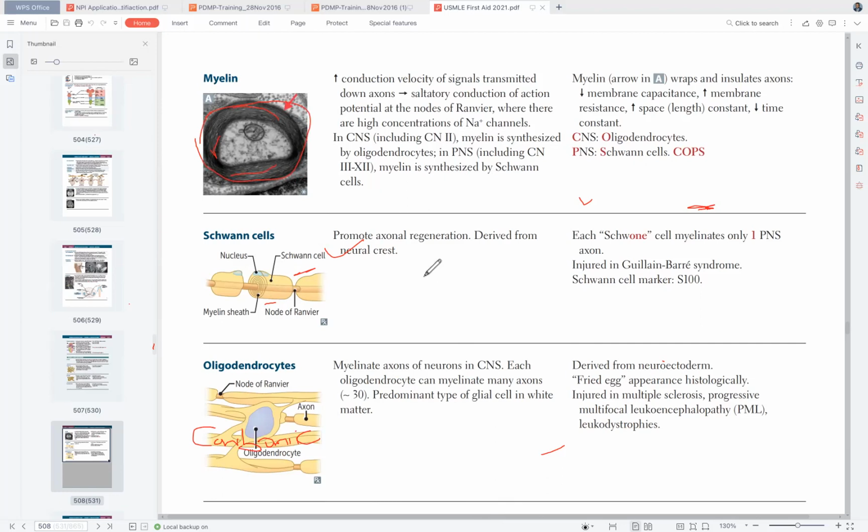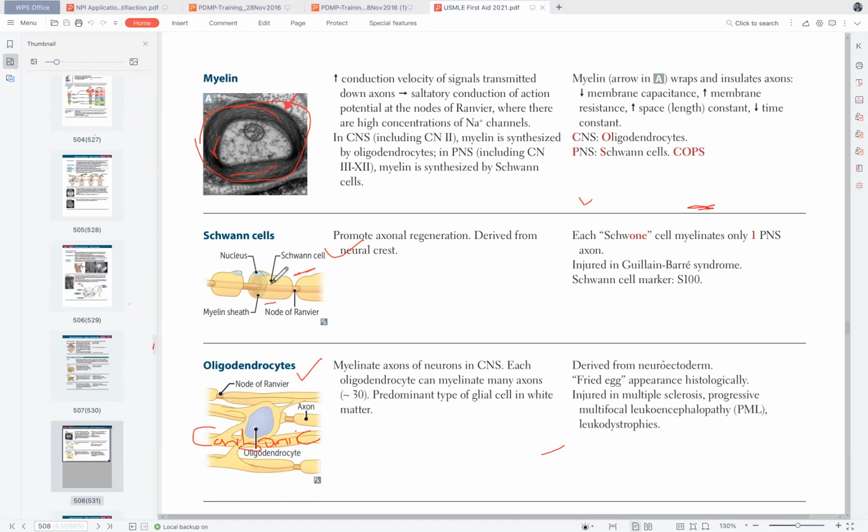What we have to know here is that the oligodendrocytes are the cells, right, or the supporting cells in the brain that make the myelin sheath of the nerves in the brain, right?